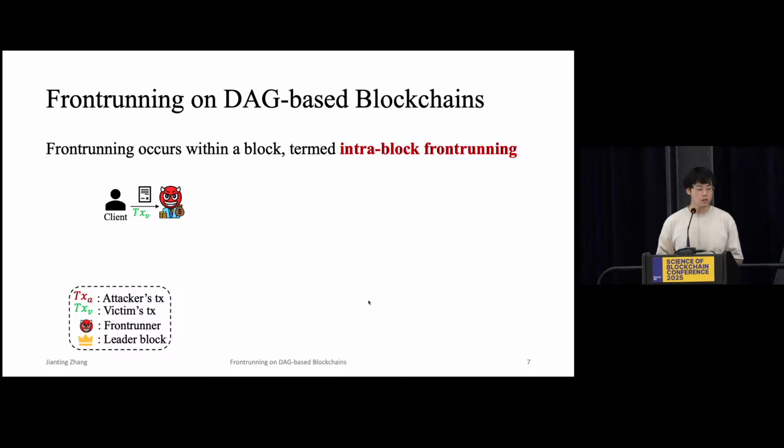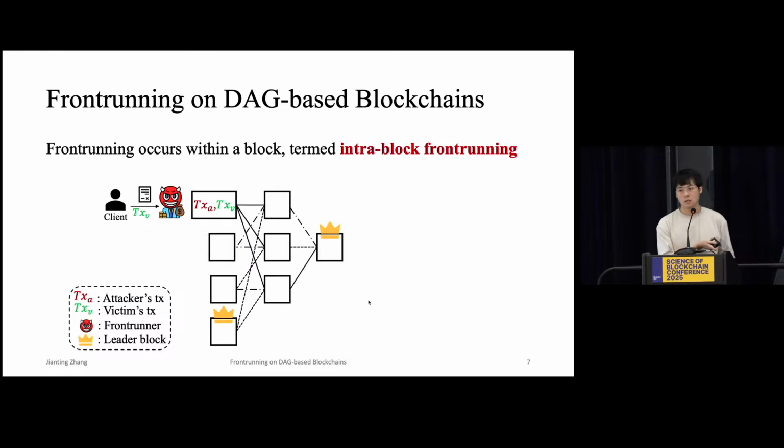If the replica is malicious, it can place its own transaction before the victim transaction in the blocks it creates, and then broadcast them to others, and eventually the attacker can make sure its transaction is ordered before the victim transaction. So intra-block front-running is very simple.